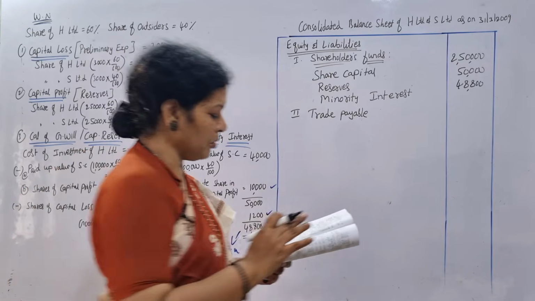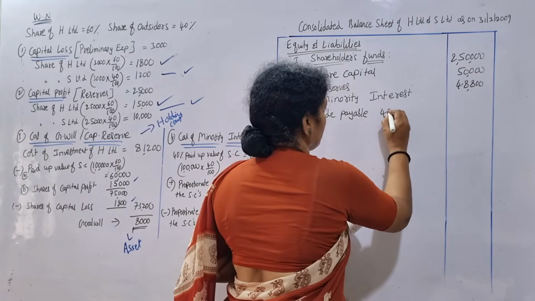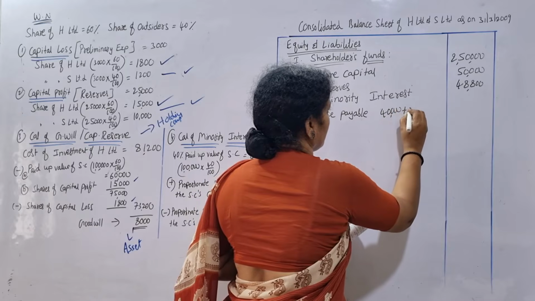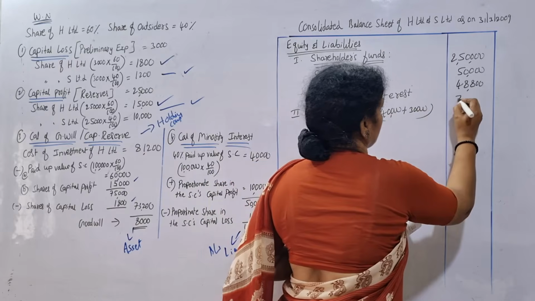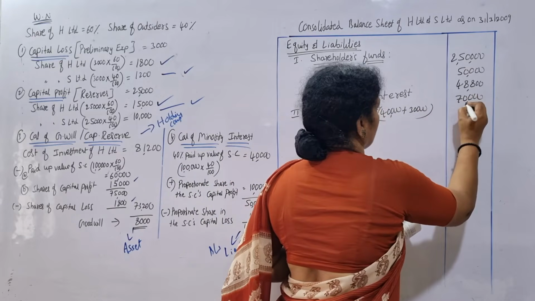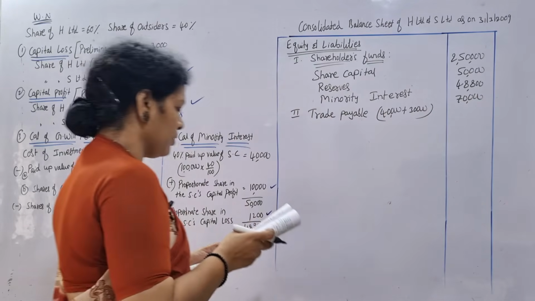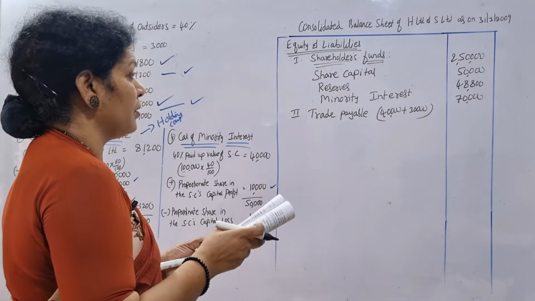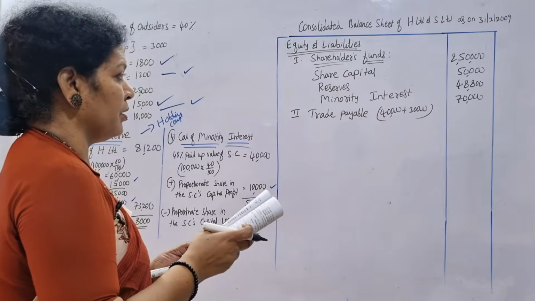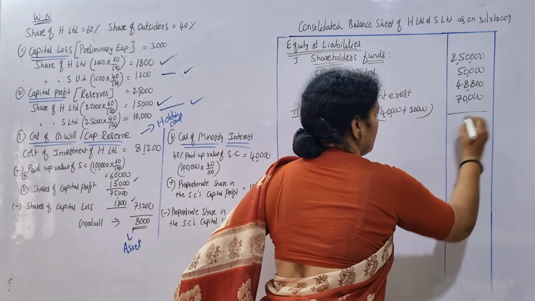So this is 30,000 and 40,000 plus 30,000, that is 70,000. Anything else to write? 2,50,000. Yeah, enough. We'll total this later.